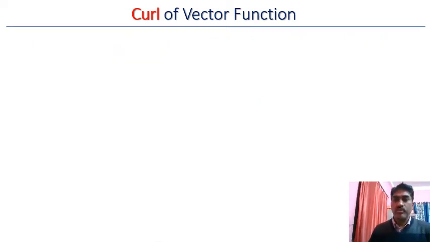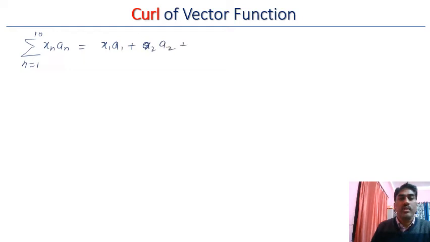Now we will prove some identities involving divergence and curl of vector and gradient also. But before that, let us try to understand some shorthand scheme. So you know that if we write sigma n is equal to 1 to 10 x_n a_n, what does this mean? x1 a1 plus x2 a2 plus x3 a3 plus up to x_n a_n.